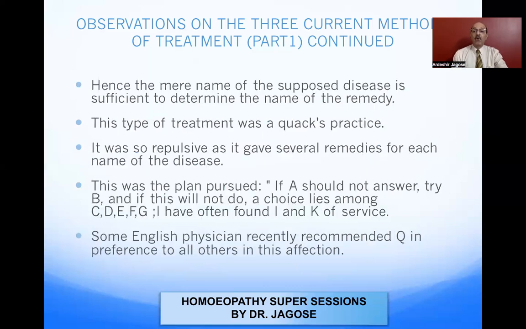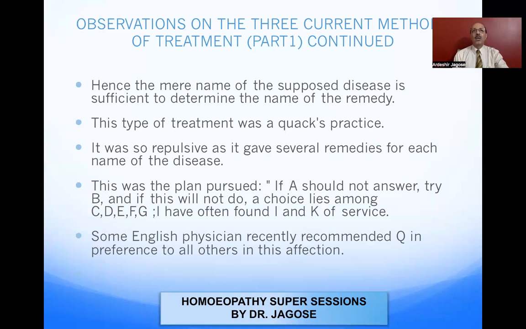Hence, the mere name of the supposed disease is sufficient to determine the name of the remedy. So in the old school, whatever disease diagnosis is there, that is the name of the disease, would be sufficient to discover or to determine what remedy to give. Well, this type of treatment was a quack's practice.